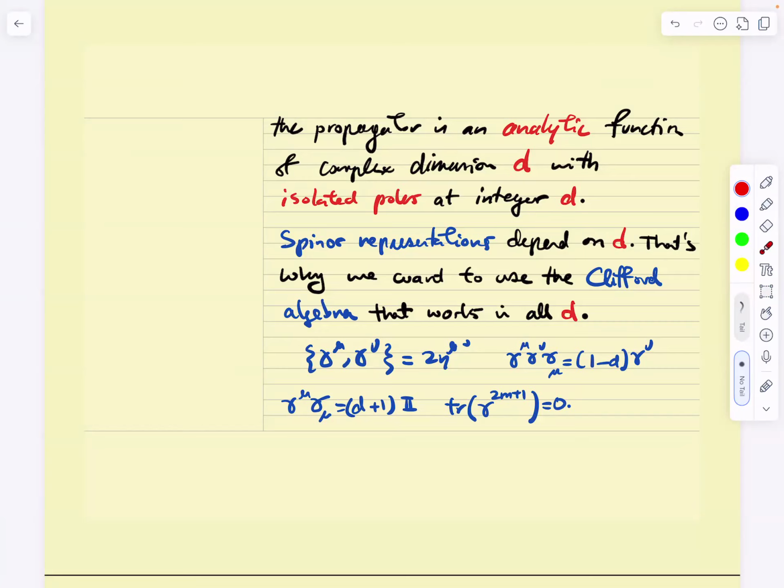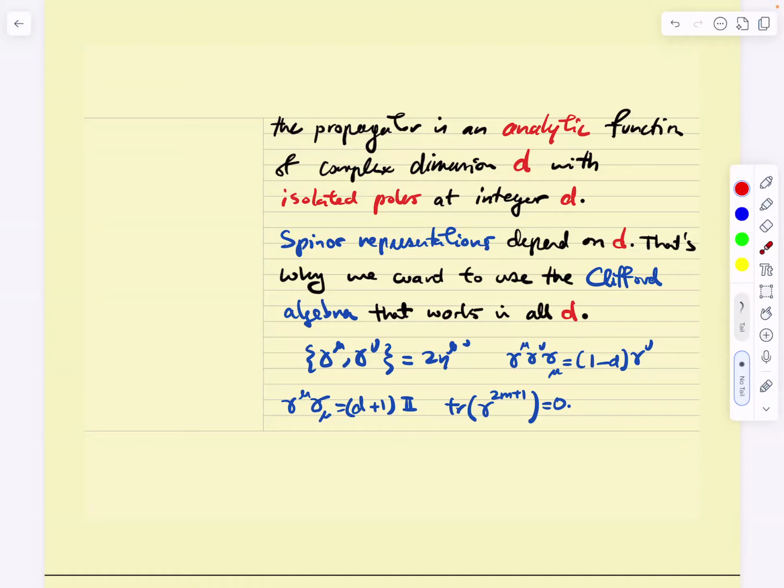What were the identities that hold? Well, the Dirac algebra: gamma mu gamma mu is D times the identity. In arbitrary dimensions, these hold: gamma mu gamma nu gamma mu is (1 minus D) gamma nu. Oh, sorry, I misspoke.